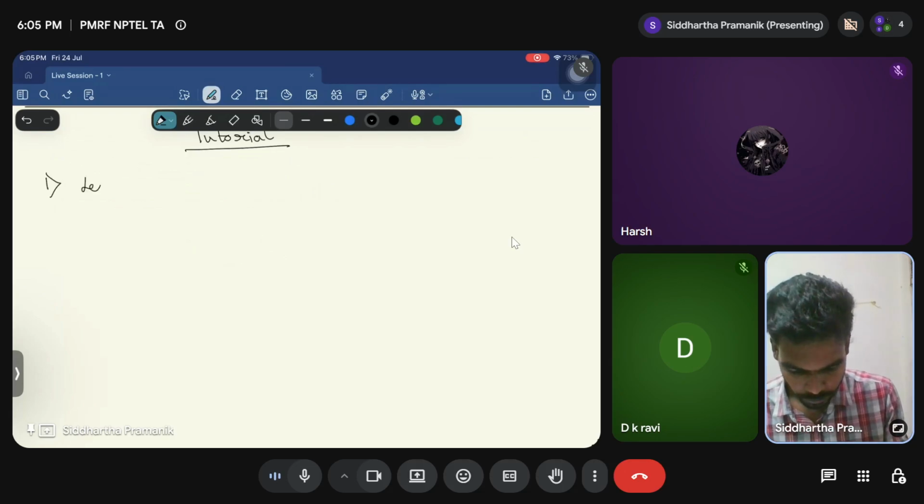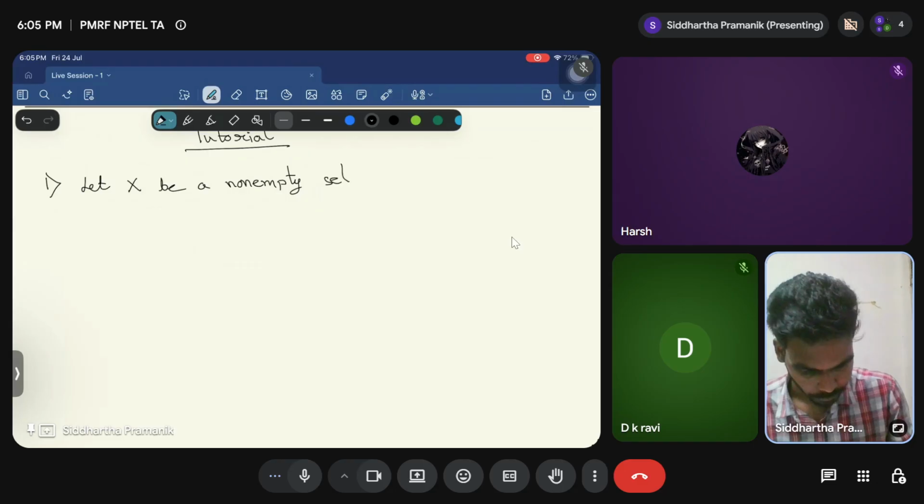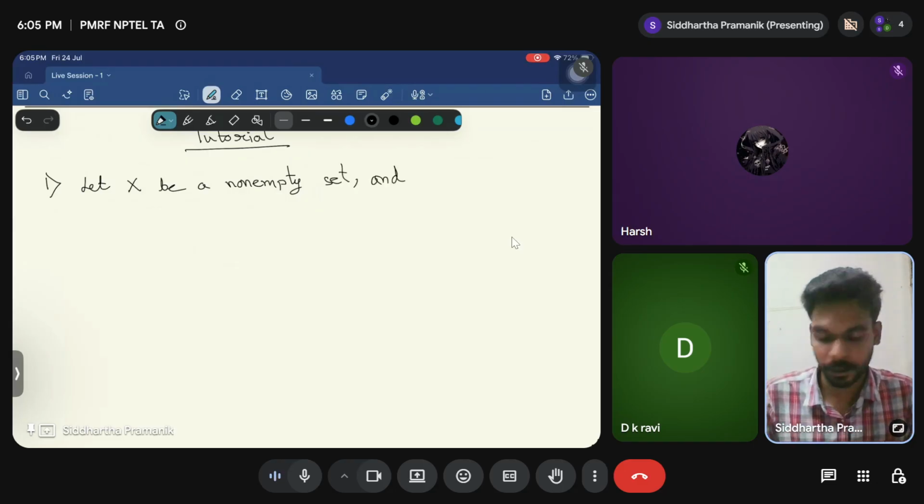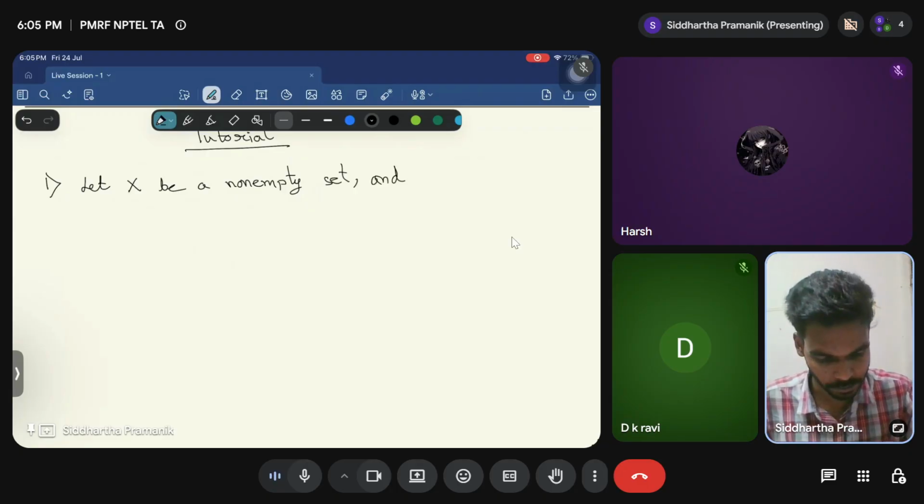Let X be a non-empty set, and let's take three metrics on X. Let's say d, d1 and d2 be three metrics.